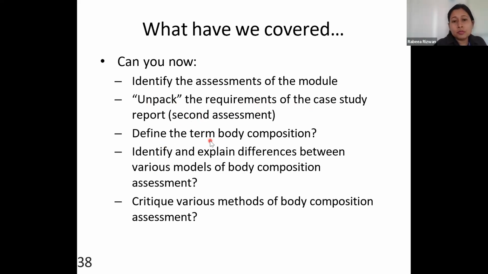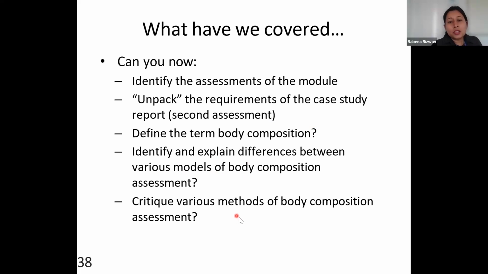Then you studied the term body composition, what it is, why we use it, and how it differs from body weight measurement. After that, in part 2, you covered the different methods and models to evaluate body composition and the differences among them.